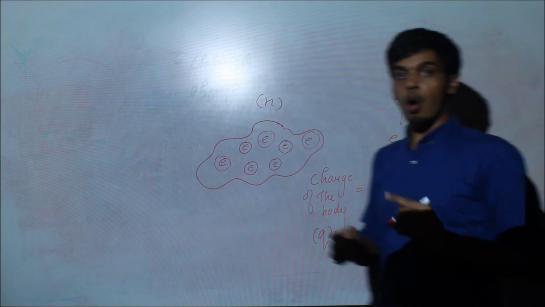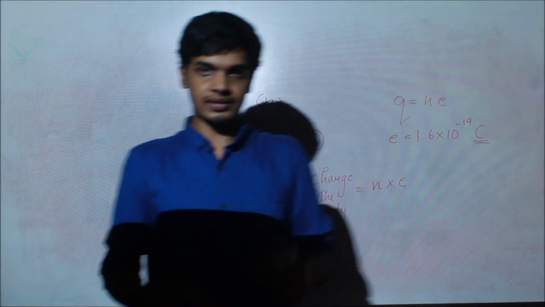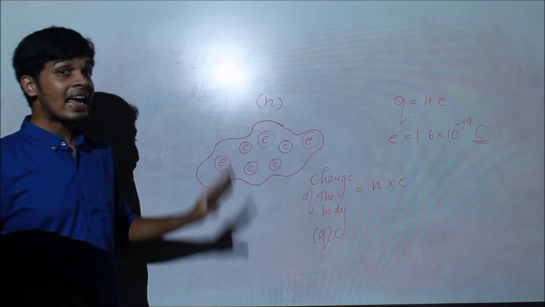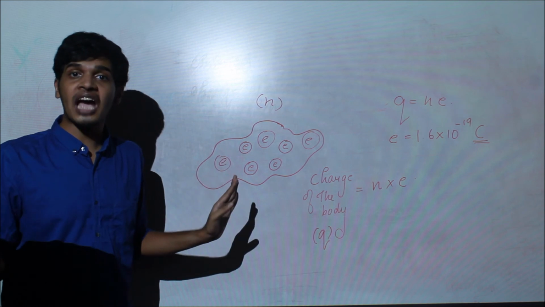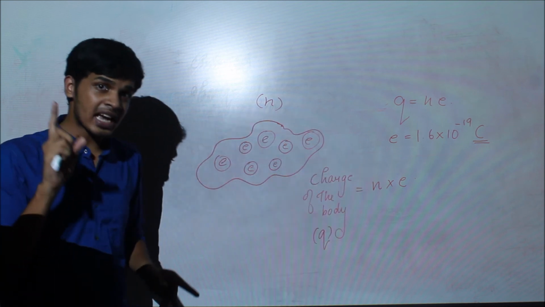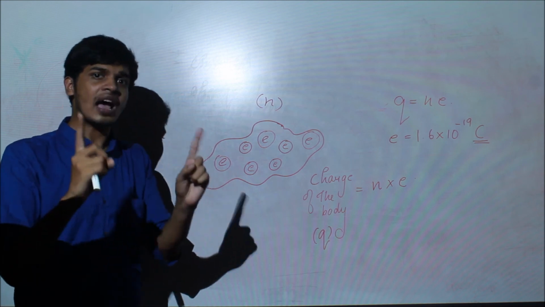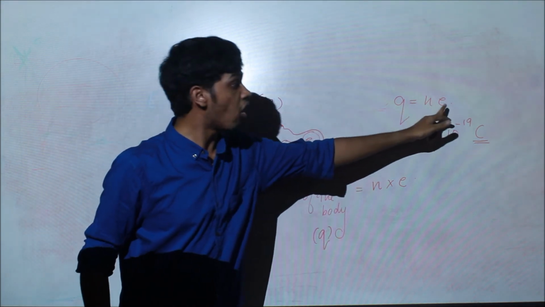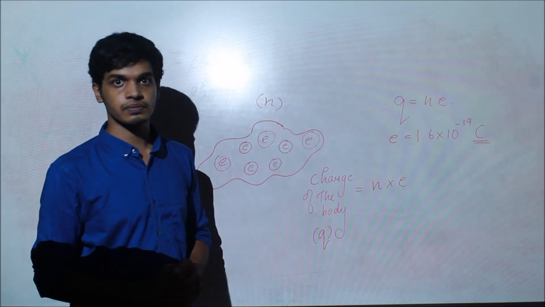This law also says something else. This law states that a body cannot have any value of charges. It can only have those values of charge that are integral multiples of the electronic charge.